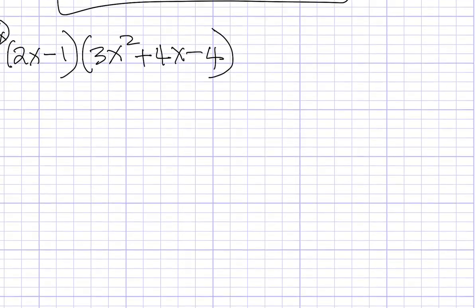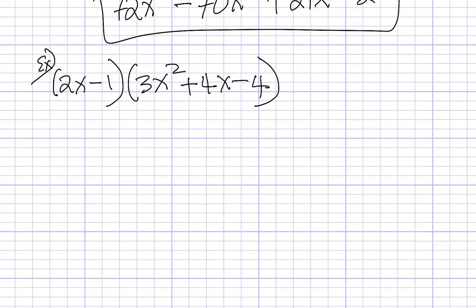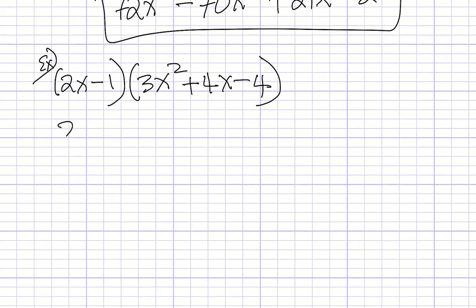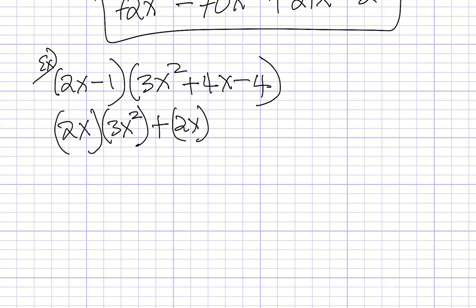So let's do the last one because I'm completely exhausted. This one is a little bit easier. This is 2x times 3x squared plus 2x times 4x, okay, plus 2x times negative 4, okay, and then we'll do the other one.